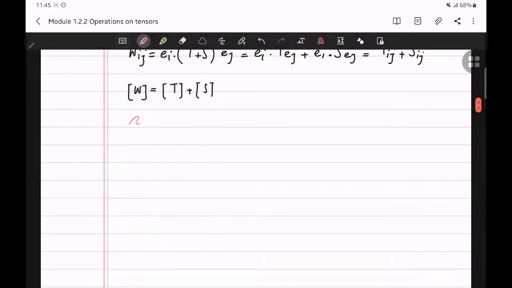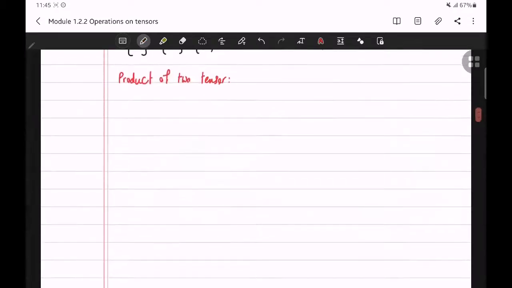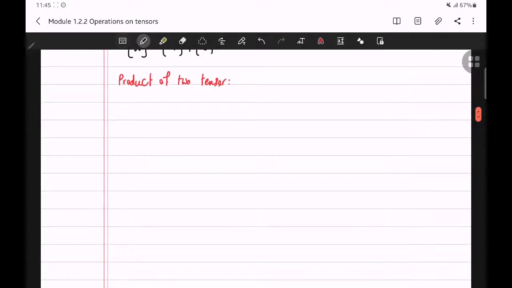Now, let's get to the product of two tensors. In the product of two tensors, we have a definition. We define all of these basic operations based on definitions.